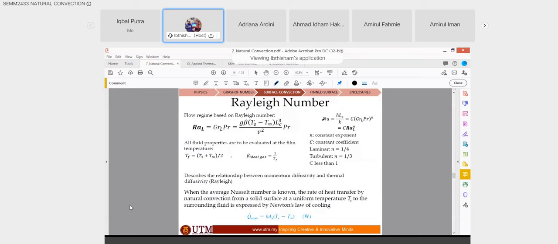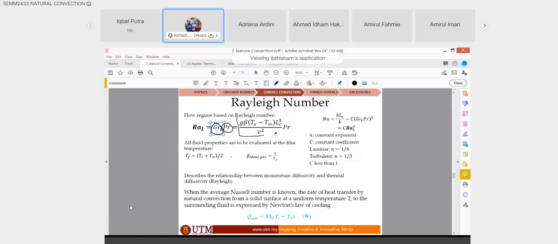If we recall your knowledge in forced convection, we have a different correlation for different cases, different Reynolds number. But in this case, for natural convection, what you need to calculate is the Grashof number first, and then you multiply it with the Prandtl number.